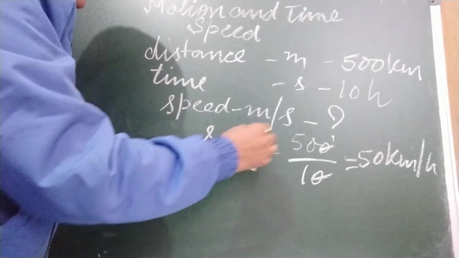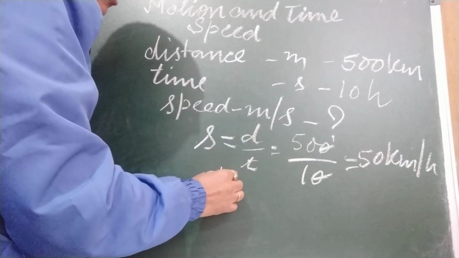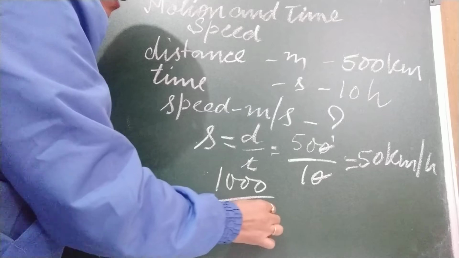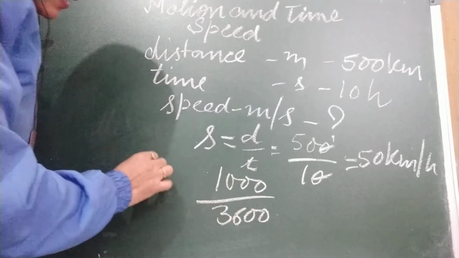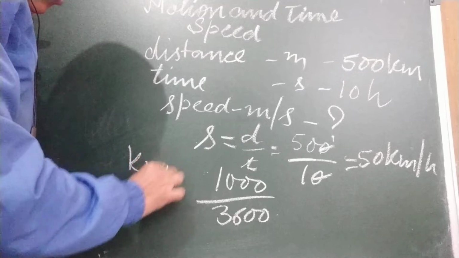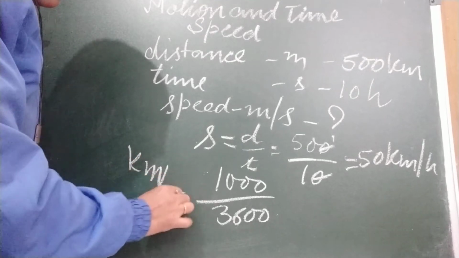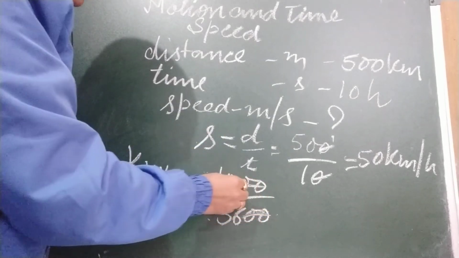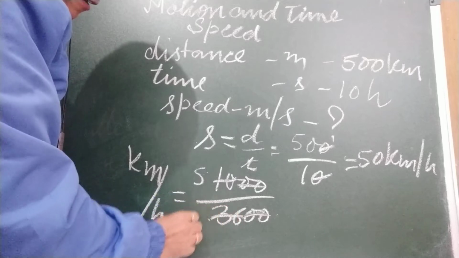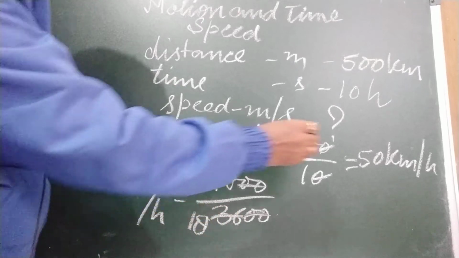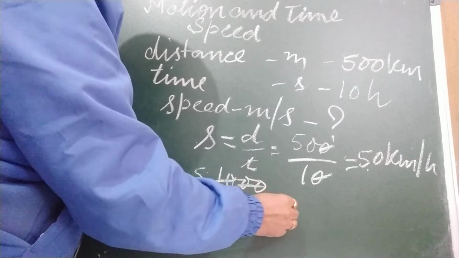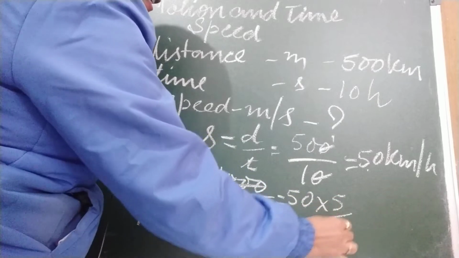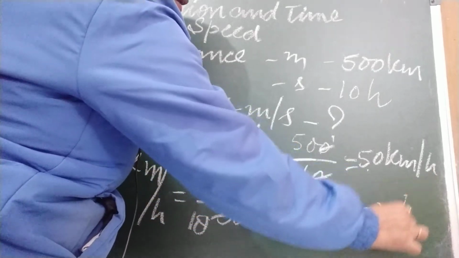We can change the unit from kilometer per hour. 1 kilometer is equal to 1000 meters and 1 hour is equal to 3600 seconds. So if we want to change kilometer per hour into meter per second, we multiply by 5 upon 18.